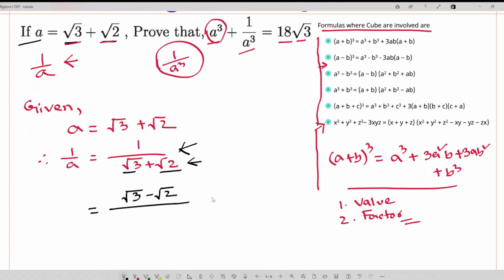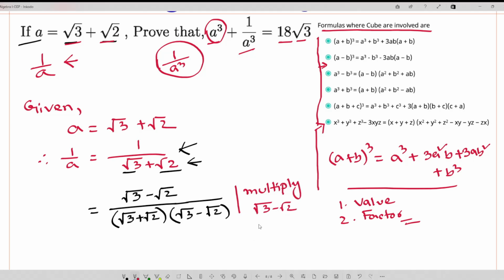And then here is also the same thing, root 3 plus root 2 times root 3 minus root 2. So here we can write, multiply root 3 minus root 2 with numerator and denominator, okay?